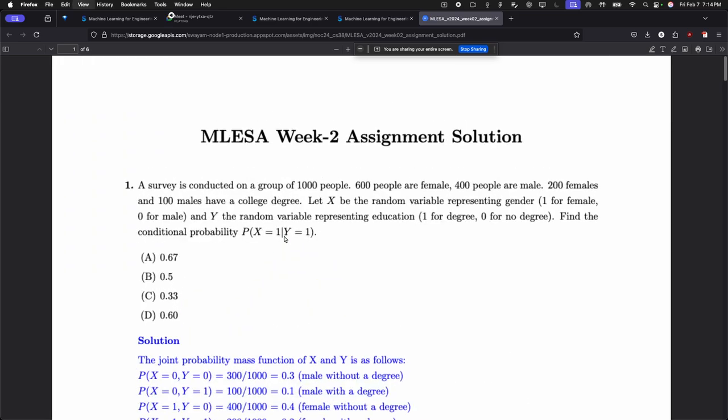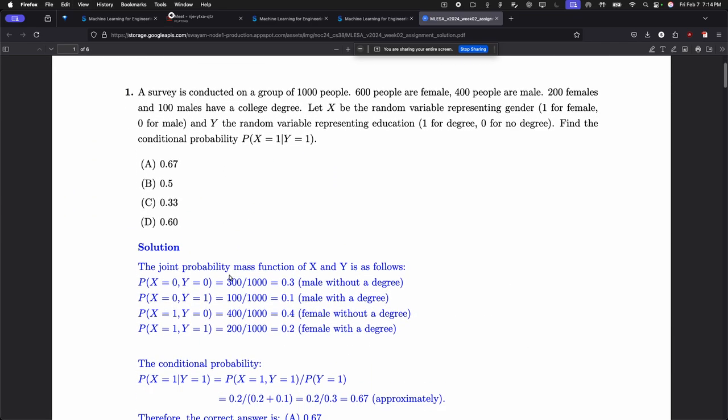Let's directly go to the solution. How many males are there? 400 are male, 200 females and 100 males have college degrees. So 300 males do not have a college degree out of 1,000 people, so 0.3.